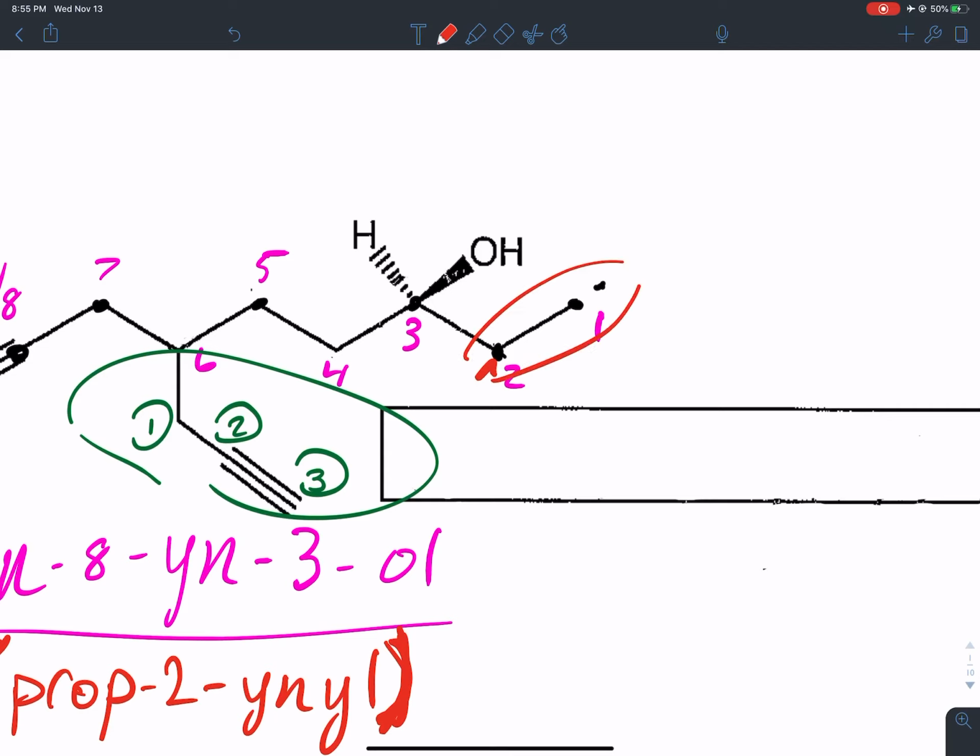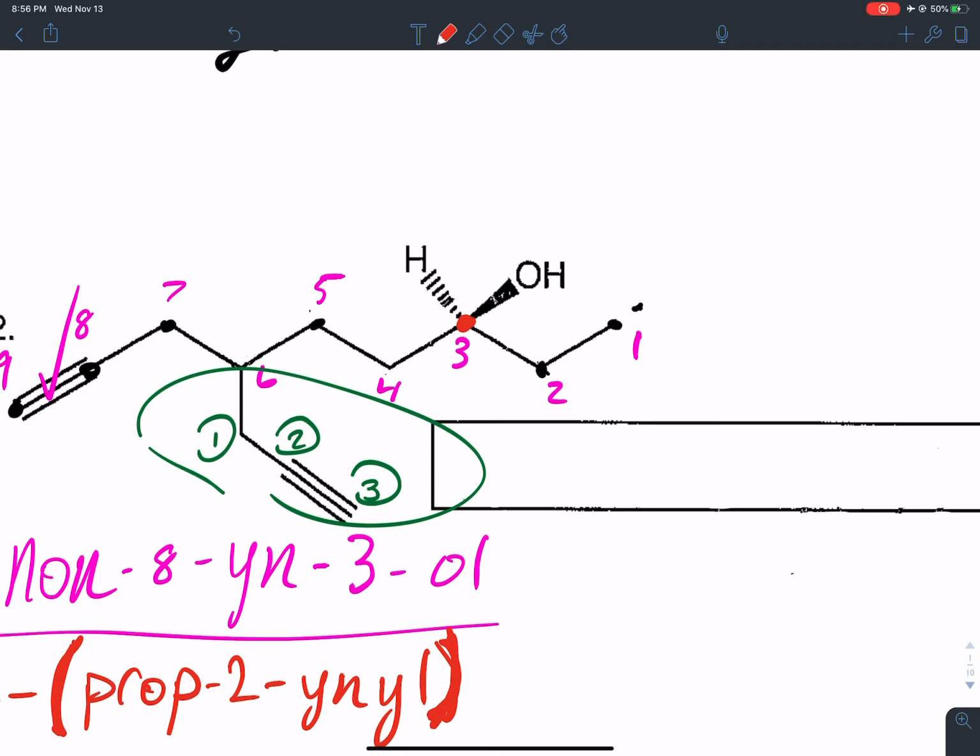So this ethyl is different from this long chain, right? Those two are different from the alcohol, right? And different than the hydrogen, right? So we have 4 different things attached to that carbon. So that means this is a chiral carbon, and since we're given the stereochemistry, we're going to need to do R and S here.